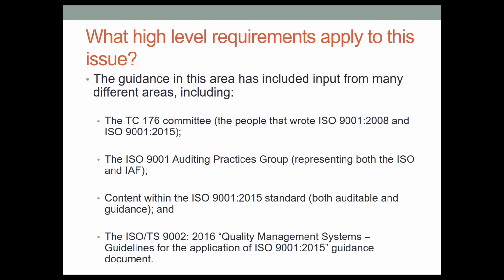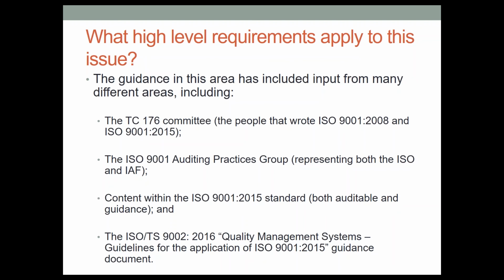Now this is a joint committee that represents both ISO and IAF. We have content within the ISO 9001:2015 standard itself, both auditable content and guidance content. And finally, we have the ISO 9002 guidance document, Quality Management Systems Guidelines for Application of ISO 9001:2015. So there's a lot that we can draw on to understand what's expected here.